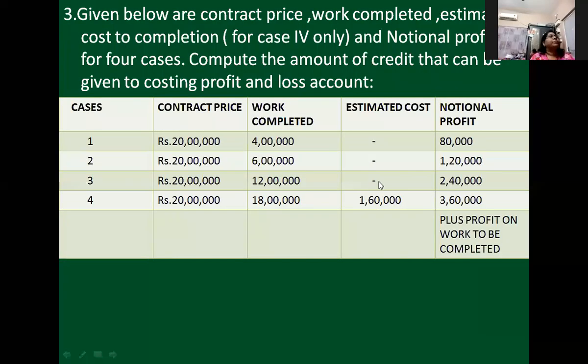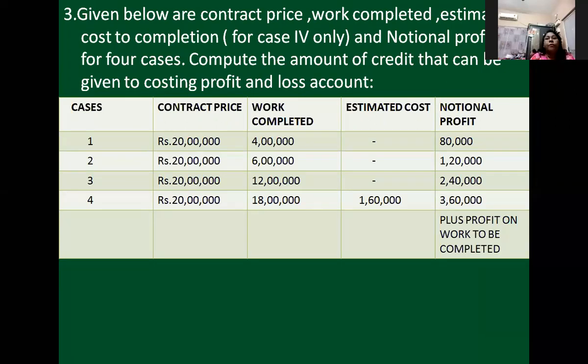Next, we'll move on to the problem. This problem relates to how to calculate the estimated profit. This term will come in your contract account when a contract is nearing completion, around 90%, the contract is going to end, and we need to calculate the additional expenditures that the contract is going to incur for finishing the contract.